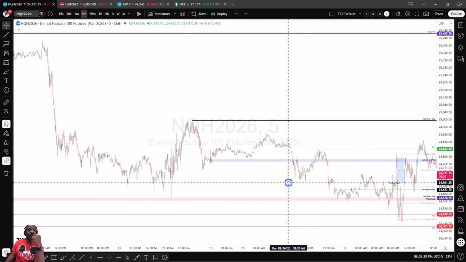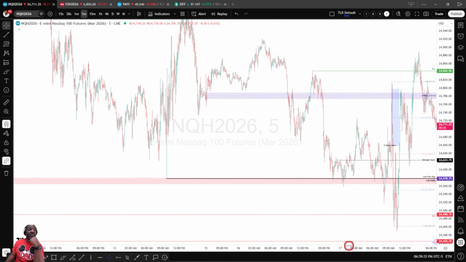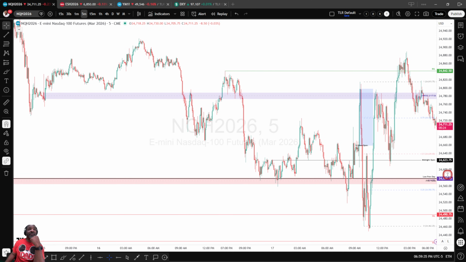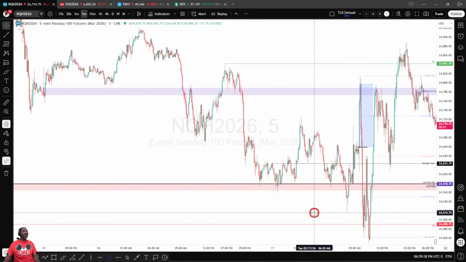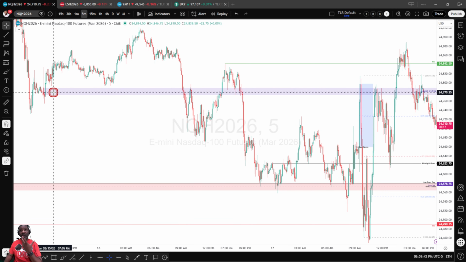Now, what you can do when there's a holiday is look at both gaps. What I mean by that: this is the new week opening gap based off of Friday to Sunday.